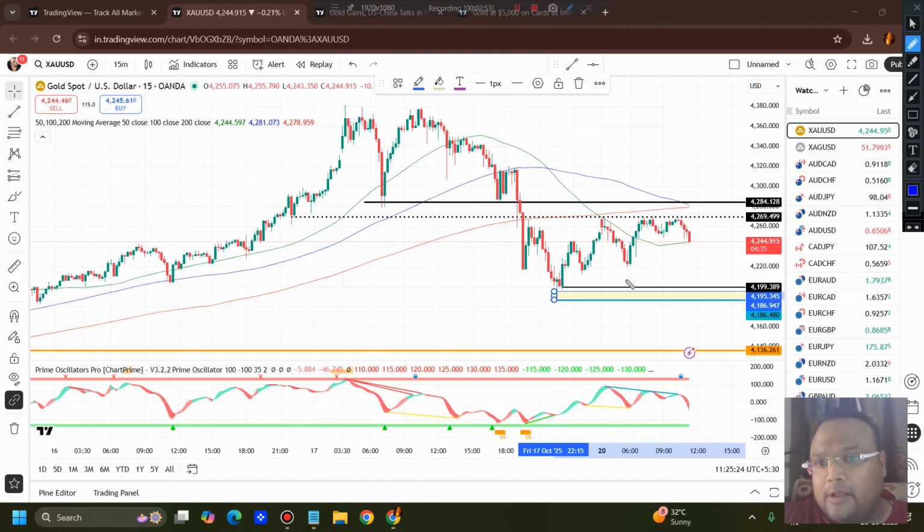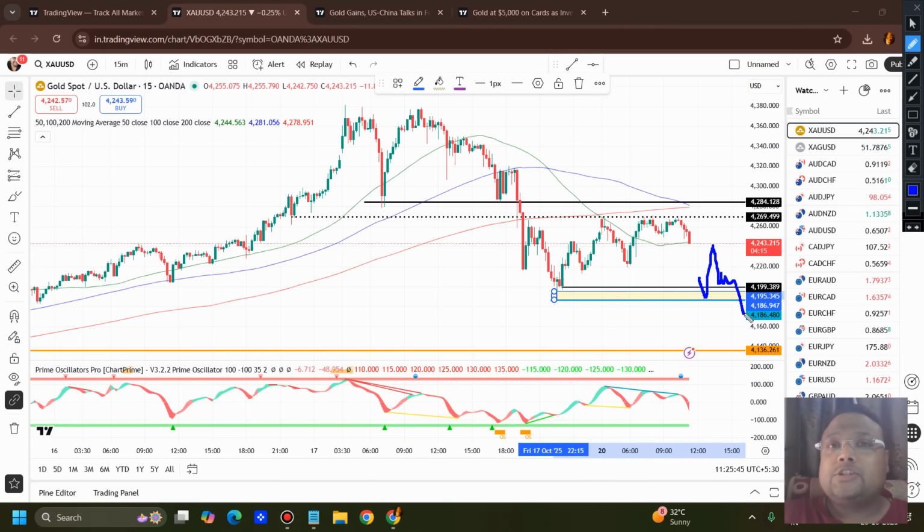For example, in the US session, if you see the market has taken support, let me try to draw. And if you see that the market could not bounce properly, listen to me carefully, the market could not go for a big bounce, the market is just staying around the support, then there's a high chance that the market will break it eventually. So observe the structure of the market.